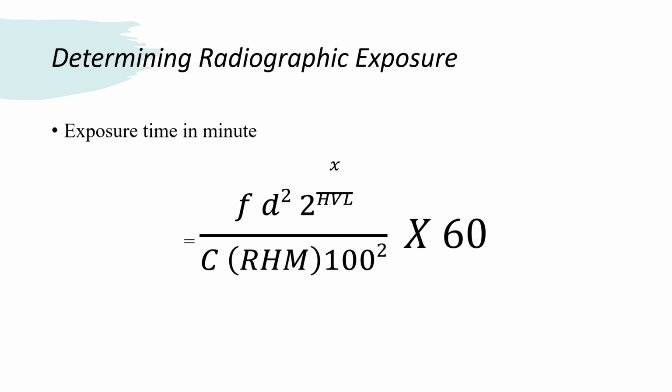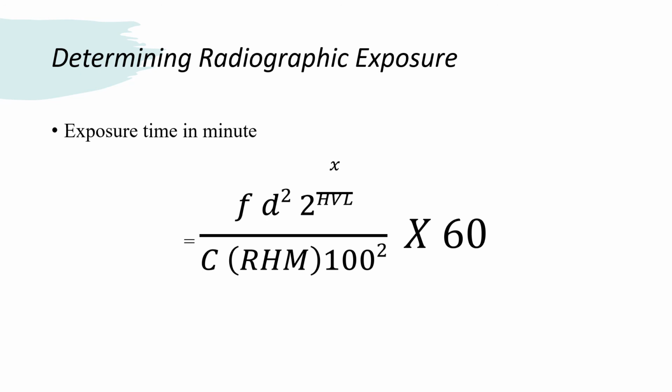The exposure time in minutes equals F D squared 2 to the power X by HVL, divided by C into RHM into 100 squared into 60, where F is the film factor, that is the radiation dose in Roentgen to produce a certain film density. X is the thickness of the specimen in centimeters. HVL is the half value layer.